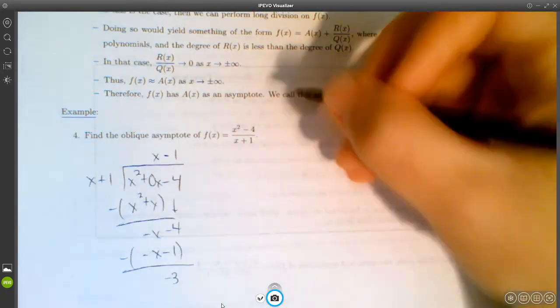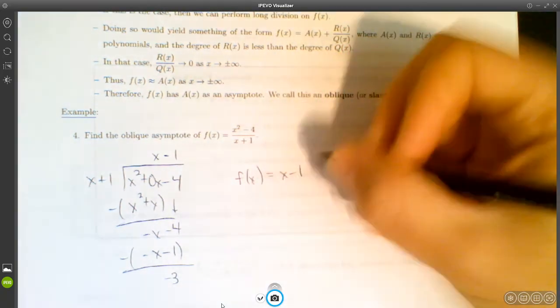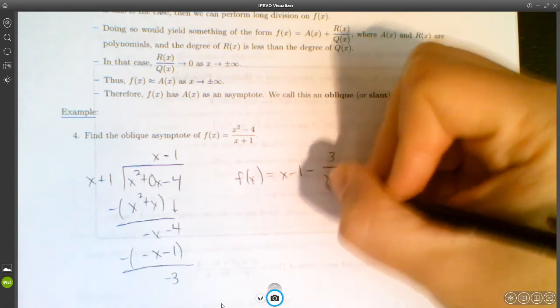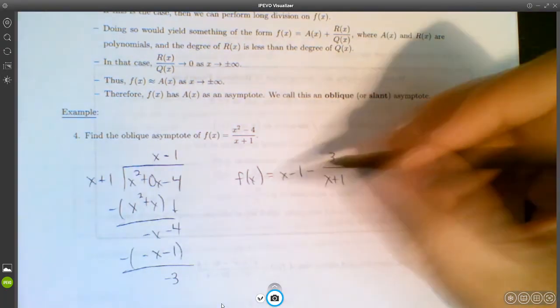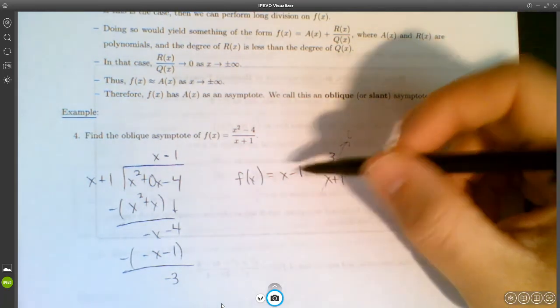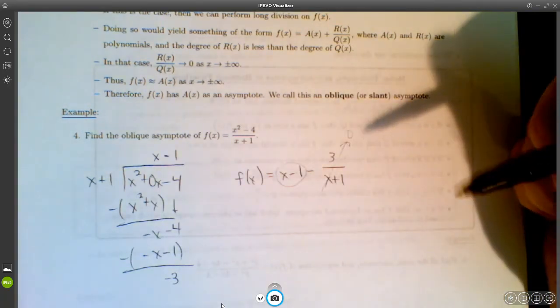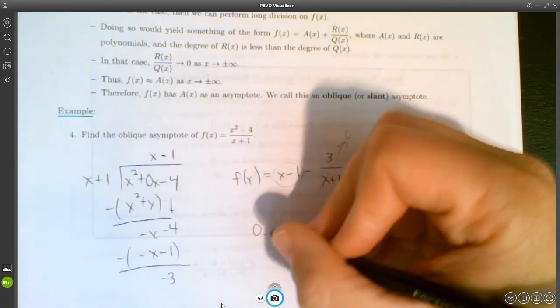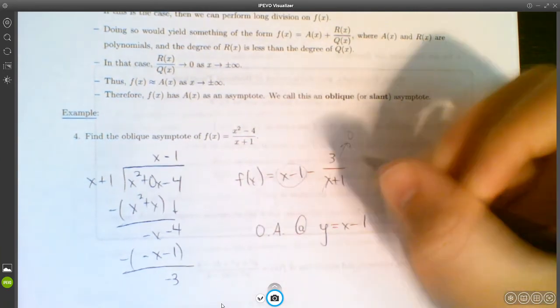So we get f of x equals x minus 1 minus 3 over x plus 1. Okay? As x gets really large, this is going to go to 0. So the end behavior of f of x is the end behavior of x minus 1, right? So in other words, there's an oblique asymptote at y equals x minus 1.